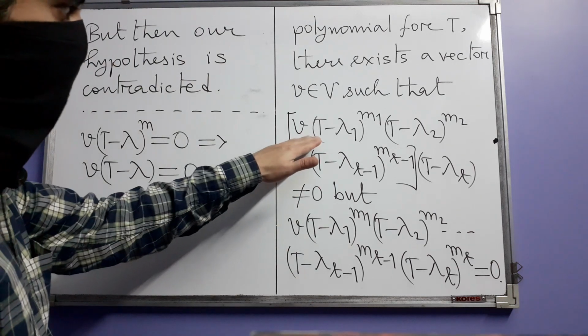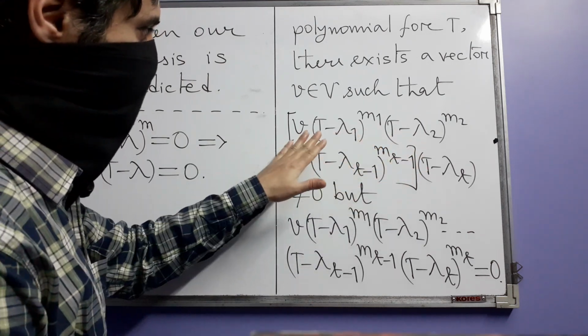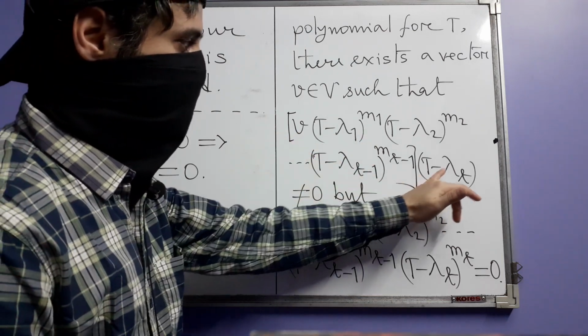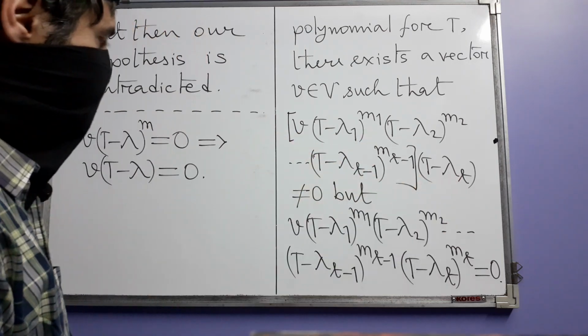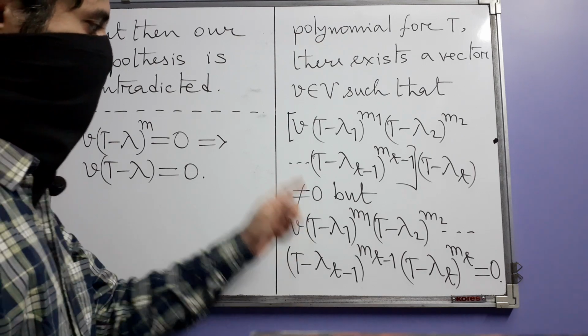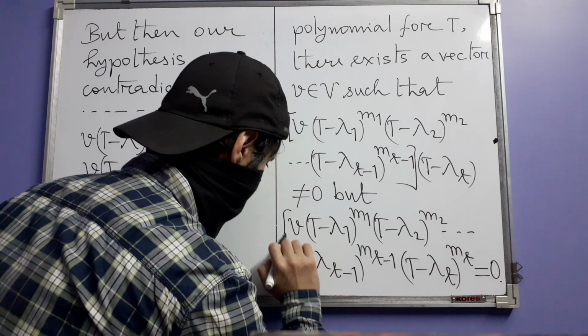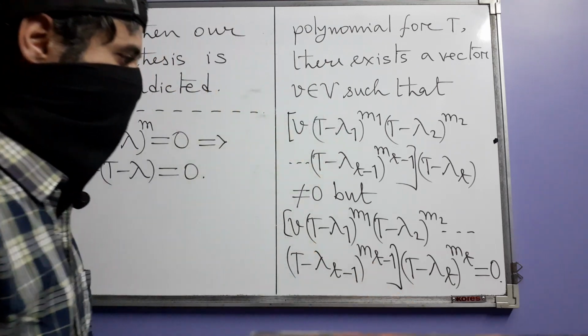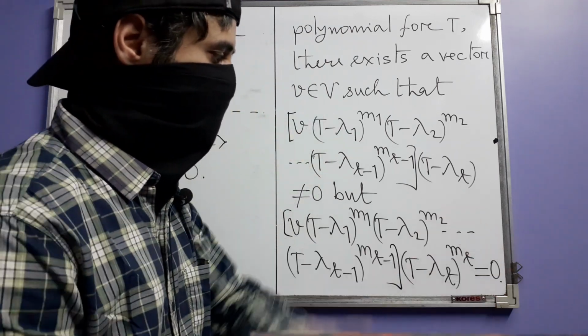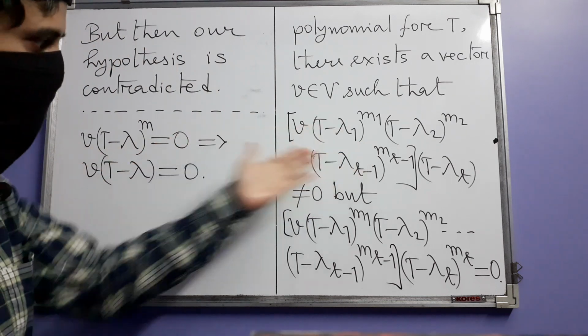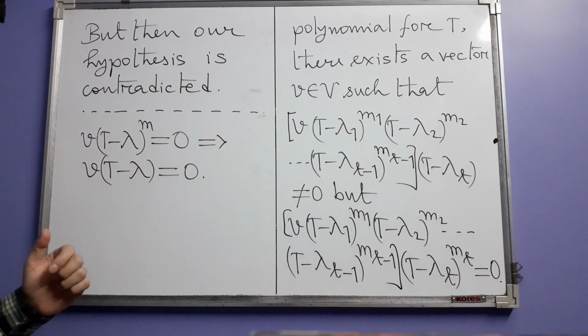I mean applying only this part on v after all also gives you a vector on which you are applying t minus lambda t. But you are not getting 0. Whereas on that same vector, when you apply t minus lambda t to the power mt, you do get 0. Now think of this vector in place of this v.